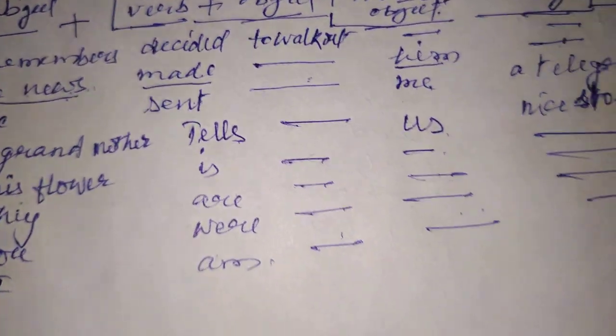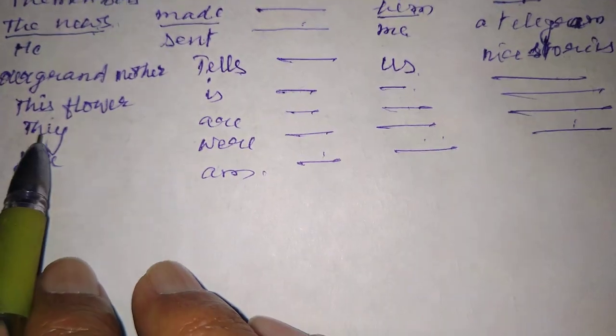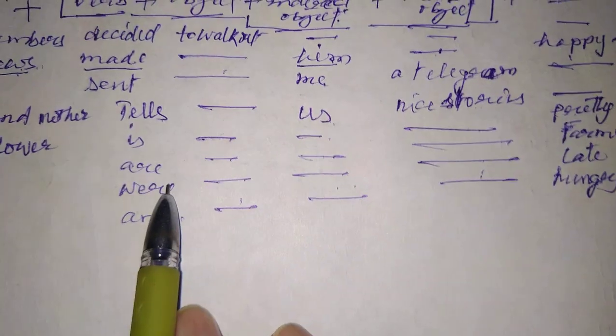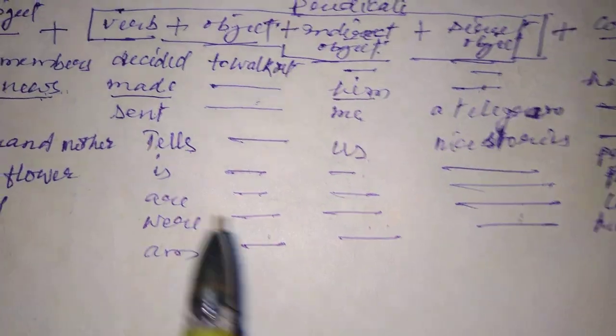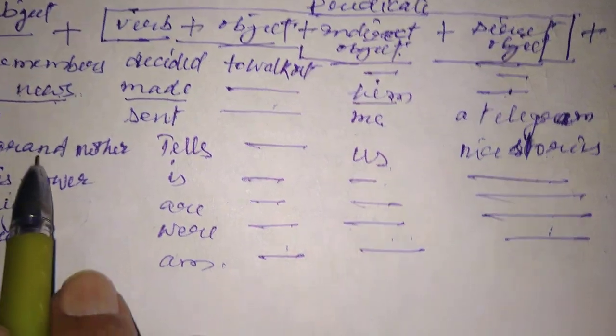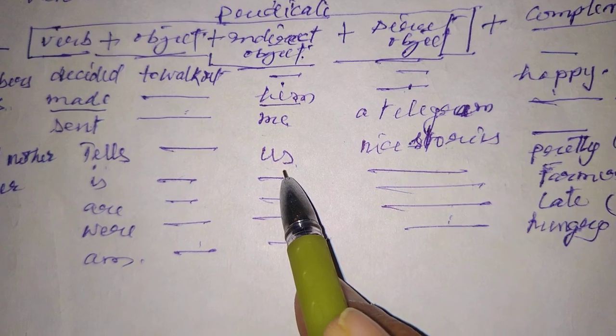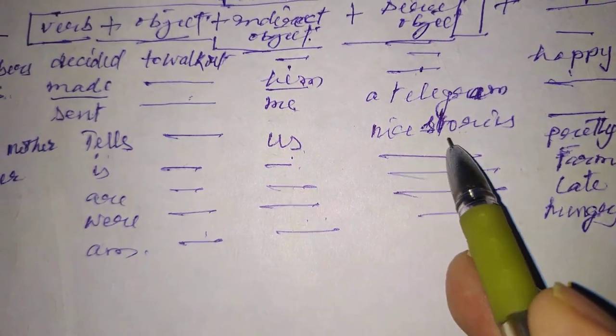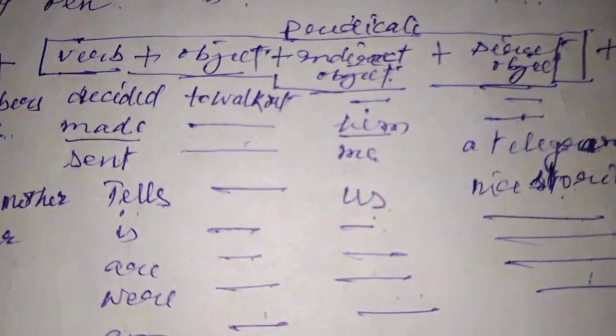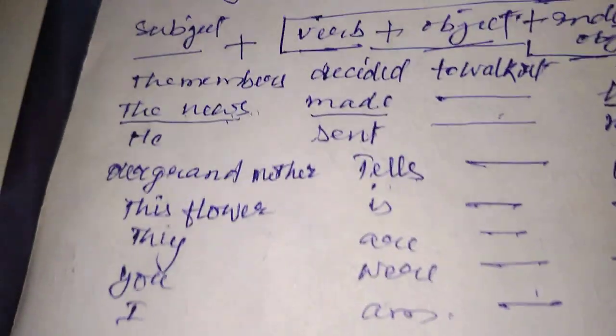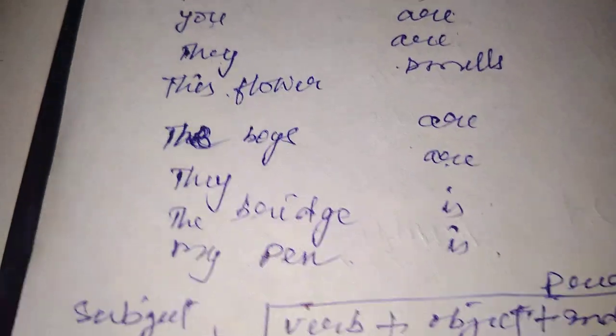Sometimes we could make a sentence with the help of subject and verb only, or we may use subject, verb and object as direct or indirect object, or with the complements. So this was in total about the sentences.